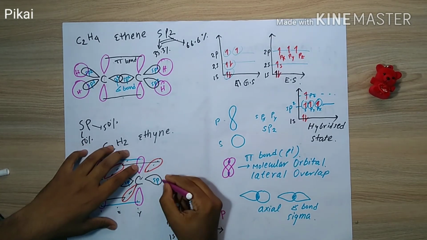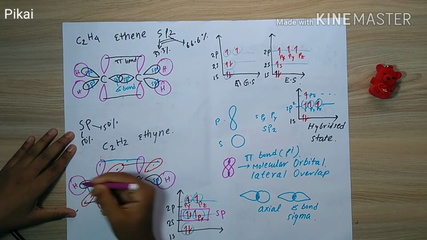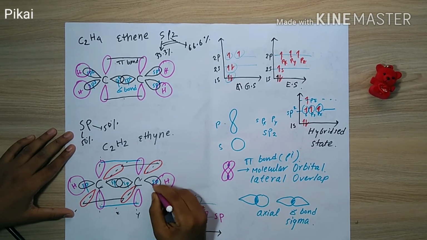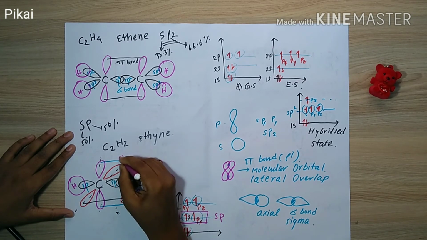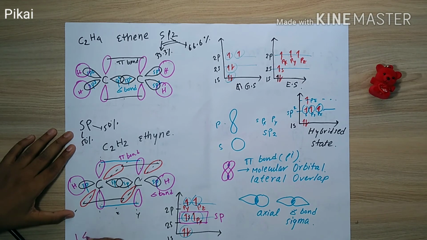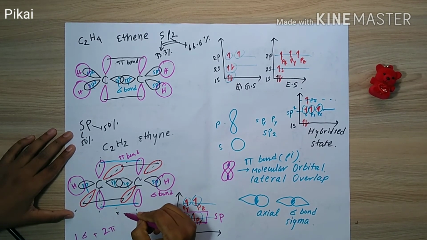So here we have 2 pi bonds and 1 sigma bond between the carbons, and the remaining 2 sigma bonds, that is sp hybridized, overlap with the hydrogen atoms and form sigma bonds, and the pi bonds are formed by the p orbitals. So it has 1 sigma and 2 pi bonds.